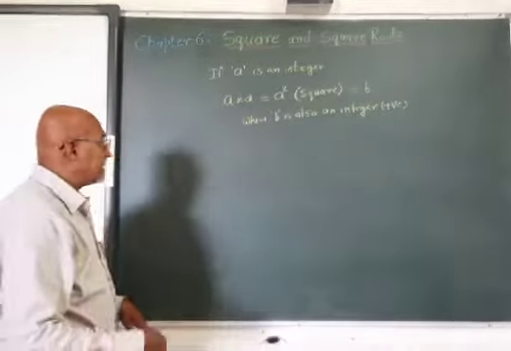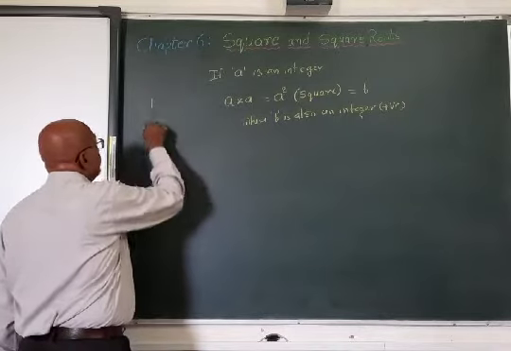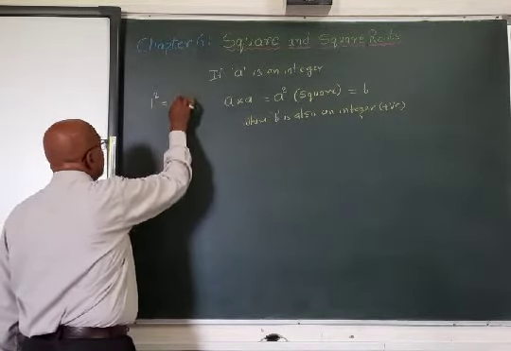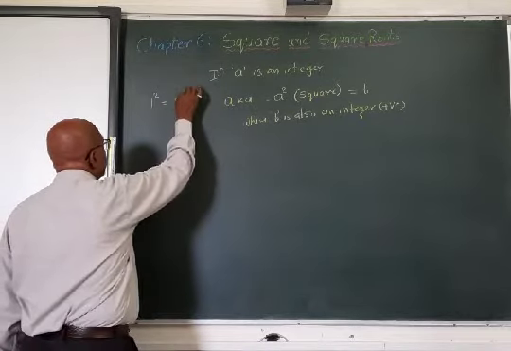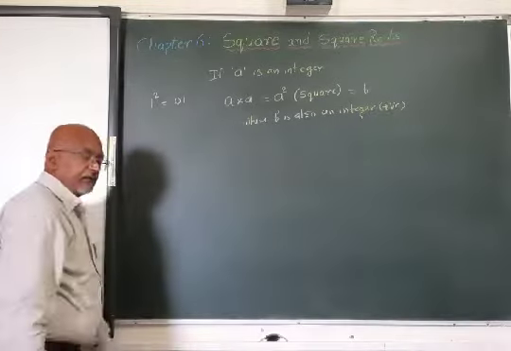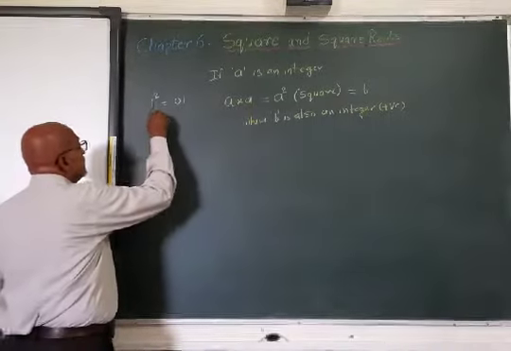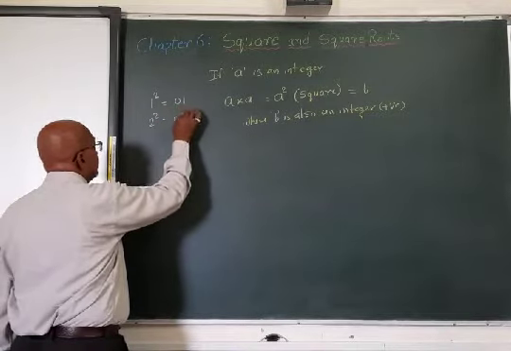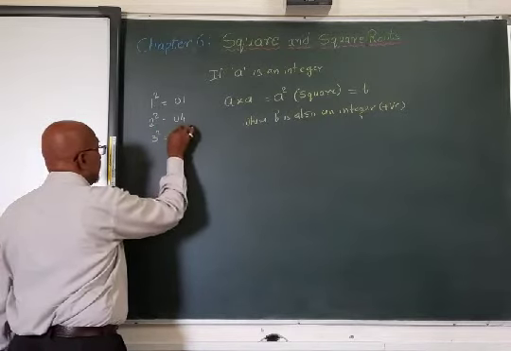So I am writing it here. 1 square is equal to 1 itself. I will write 01 here because many squares will go in 2 digits. 2 square is equal to 4. 3 square is 9.